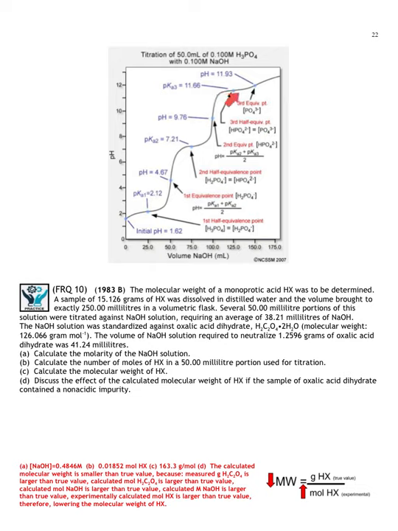Then you go through another buffering, and the third one is just not as sharp. So this is the third inflection point right here. That's where you see three inflection points, because you have to neutralize all three hydrogen ions with the NaOH that you are titrating with.